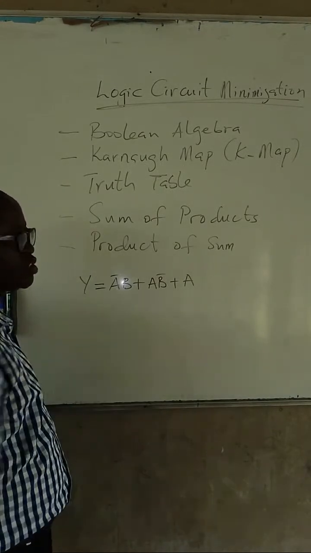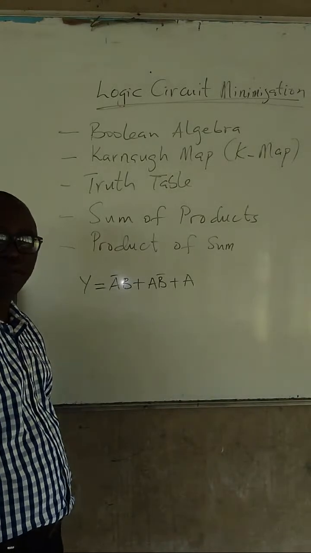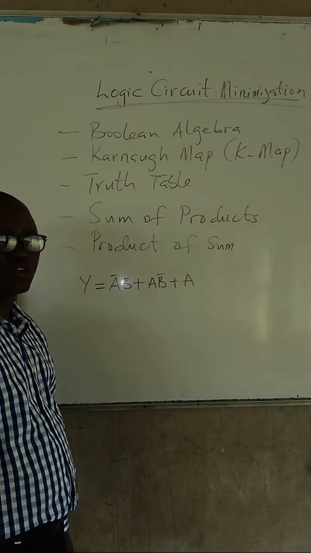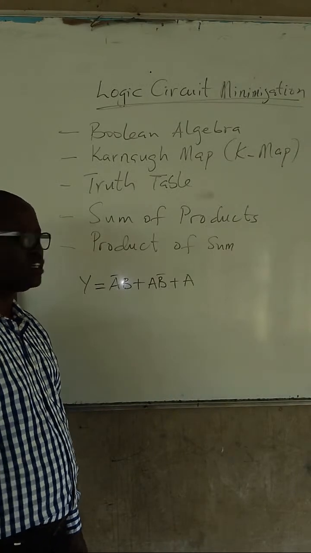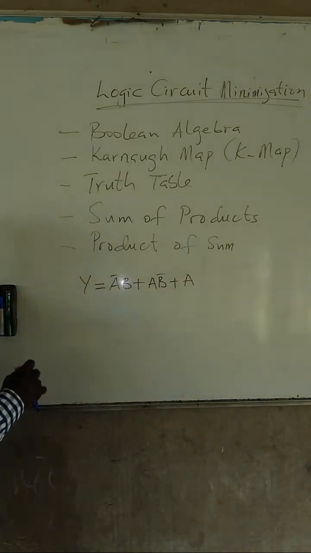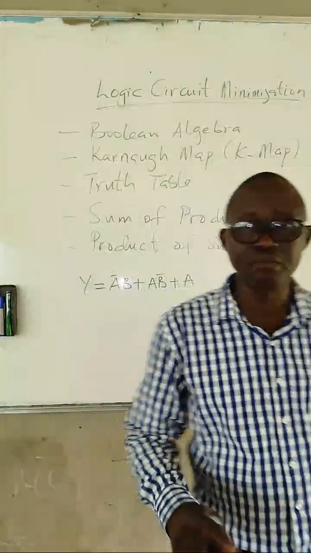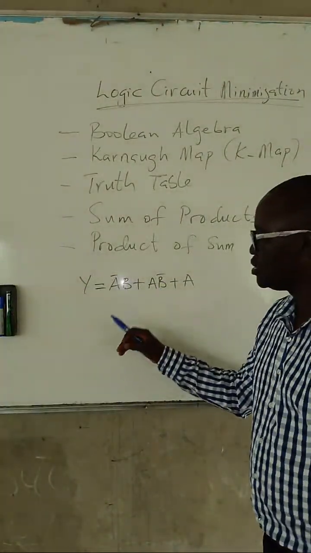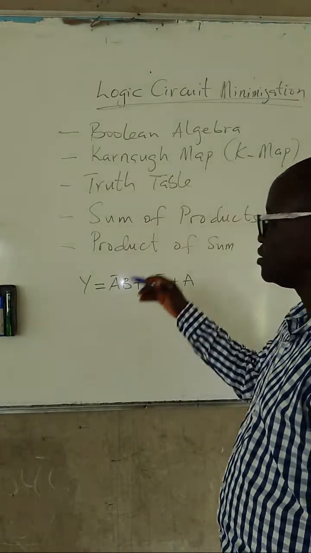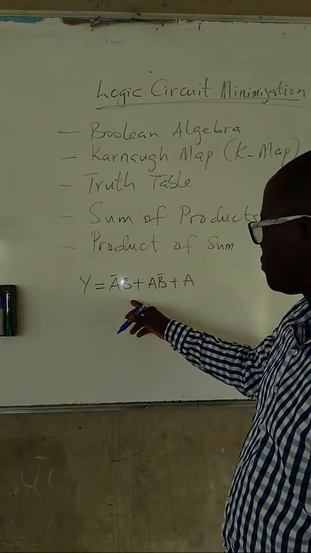It's a Boolean expression that we can simplify to get the simplest form. When you have a combinational circuit, you don't go ahead and implement it like that. You need to minimize the output so that we can have the simplest circuit to implement, which will save cost, energy, circuit space, save everything. So we need to simplify them.